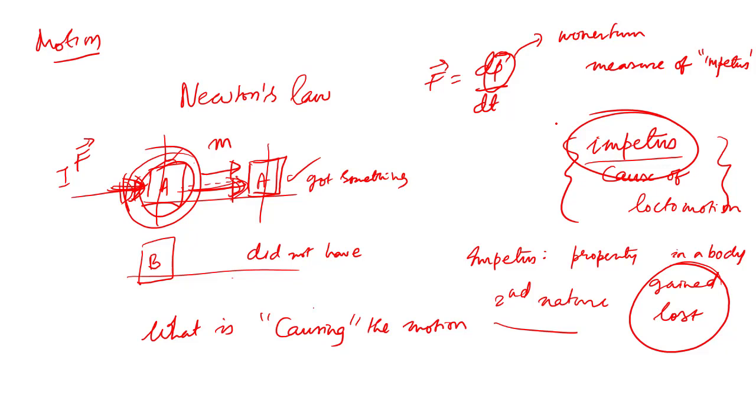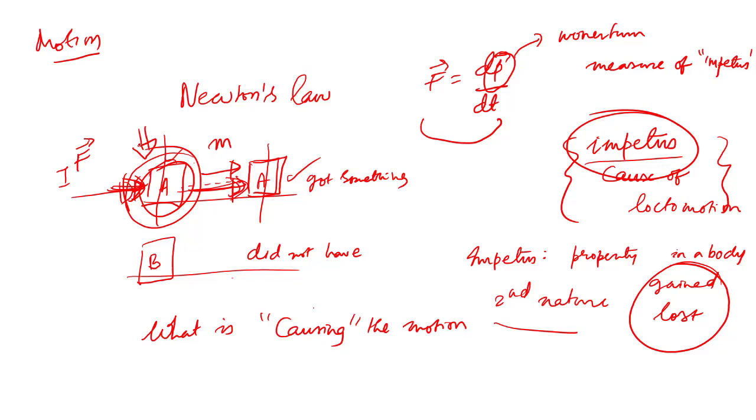And that's what Newton's second law is. So this ice cube A has this quality, a property of the ability to have impetus, and by applying this force, I'm activating that, and that impetus can be gained or lost. So by gaining that impetus due to the application of force from me, the ice cube A moved.